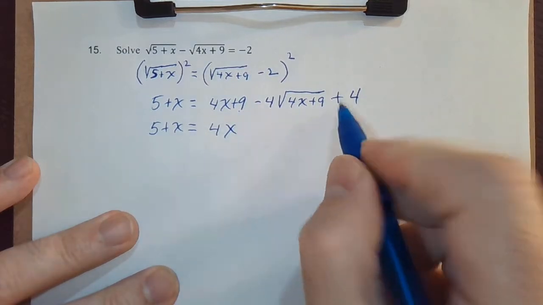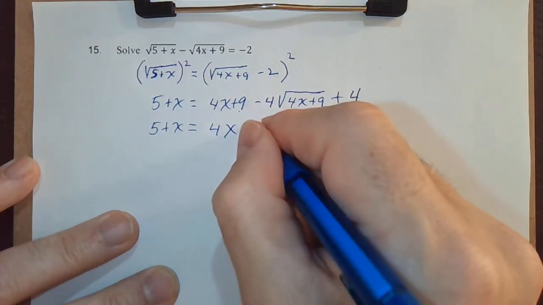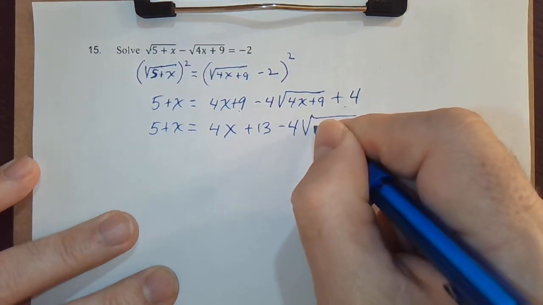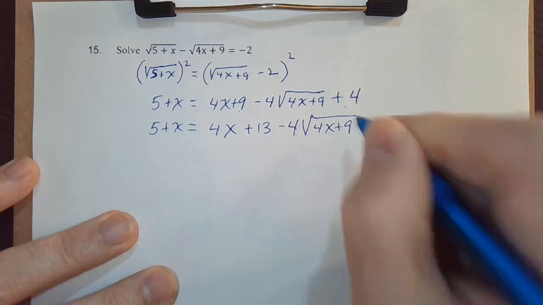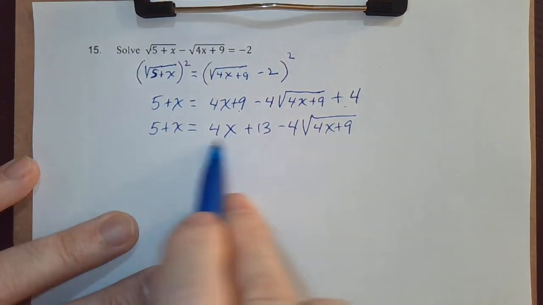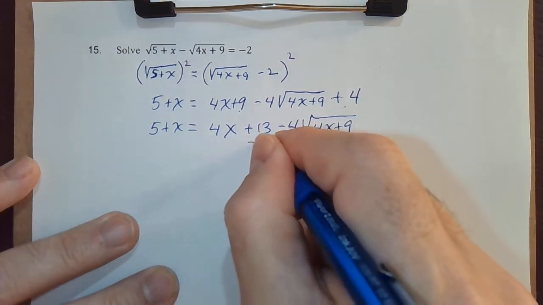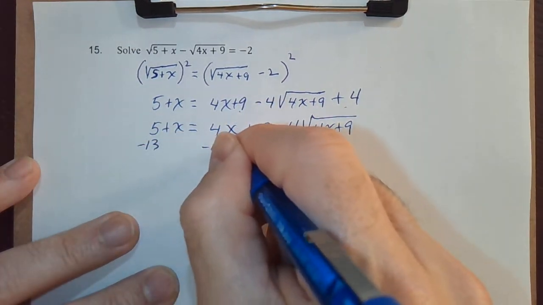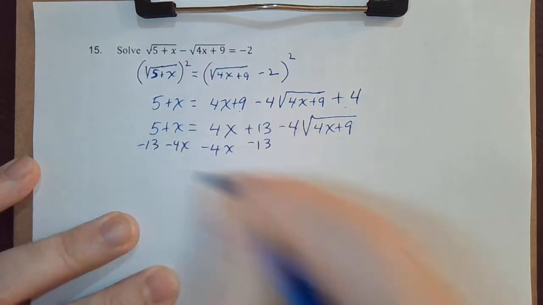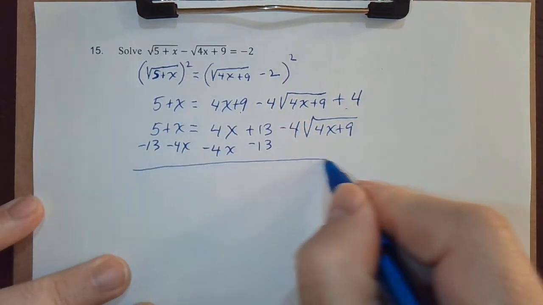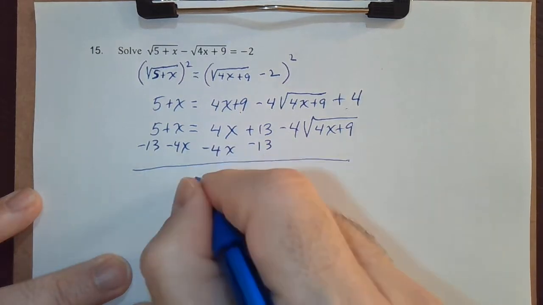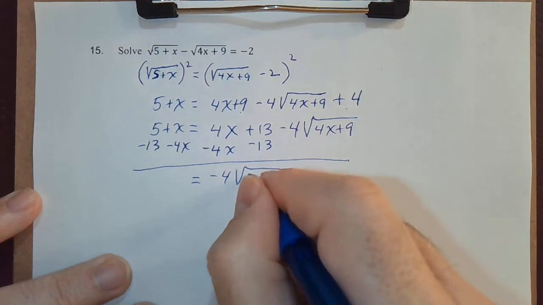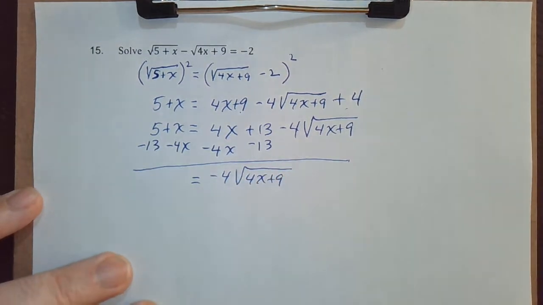I'm going to combine the 9 and the plus 4. 9 plus 4 is 13, minus 4 times a radical, 4x plus 9. Now I want to get rid of these two. So I'm going to subtract 13 from both sides, and I want to subtract a 4x from both sides. Then that will get all by itself on the right-hand side, negative 4 times 4x plus 9 under the radical.